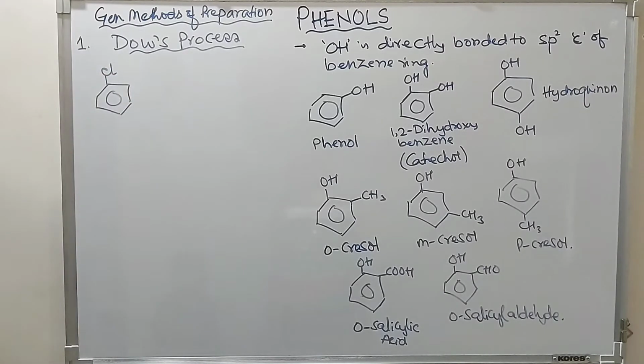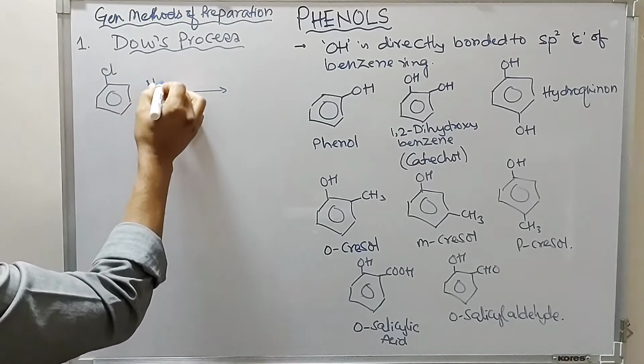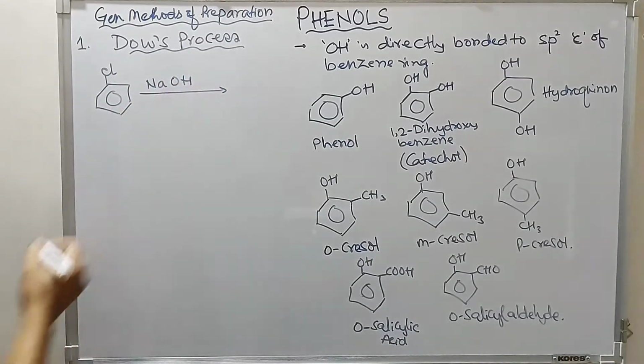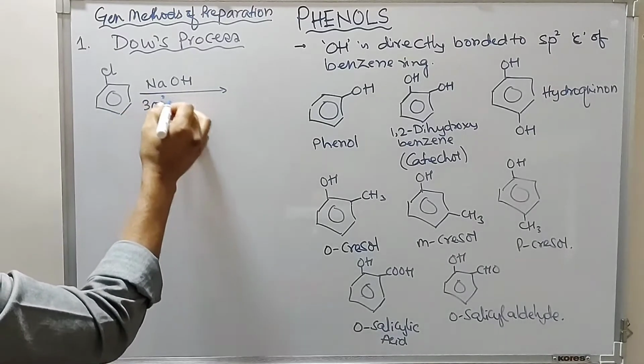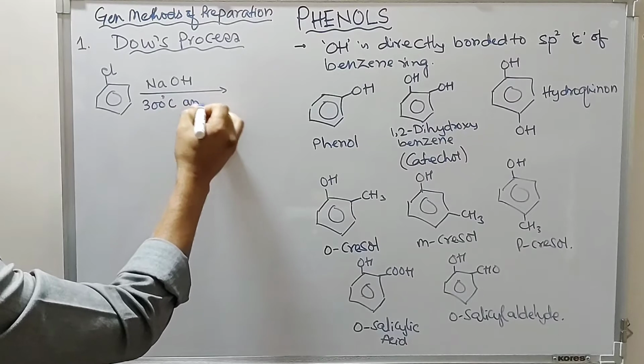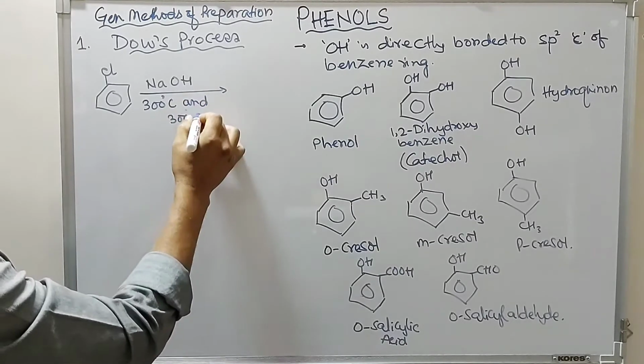chlorobenzene. Now this chlorobenzene is fused with sodium hydroxide under vigorous condition, that is high temperature of 300 degrees centigrade and high pressure of 300 atm.